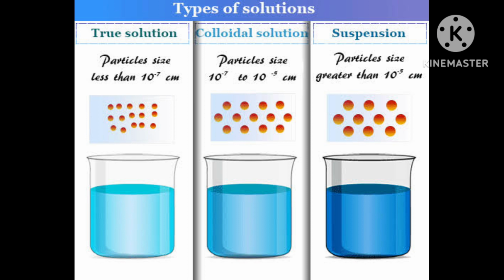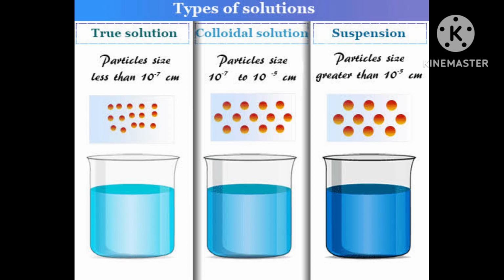Here again I am telling you that in a colloid the dispersed phase may consist of a single macromolecule such as protein, synthetic polymer, or an aggregate of many atoms, ions or molecules.